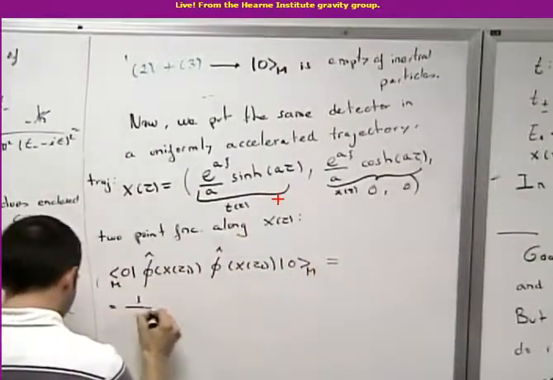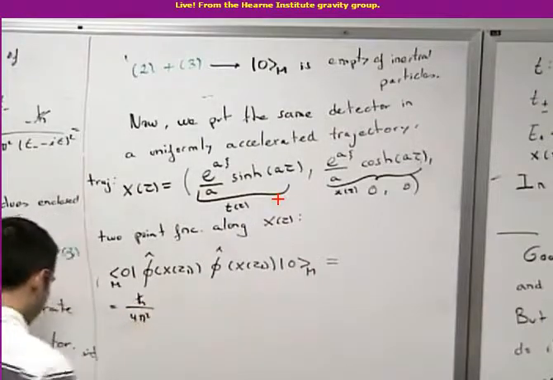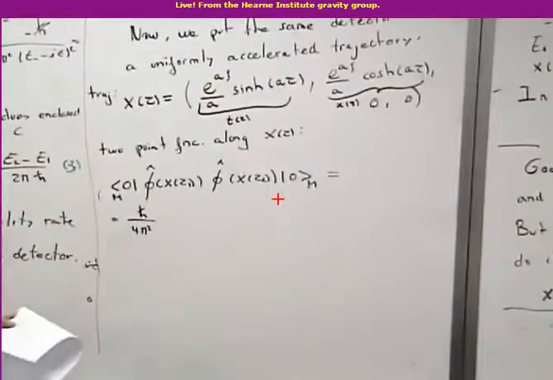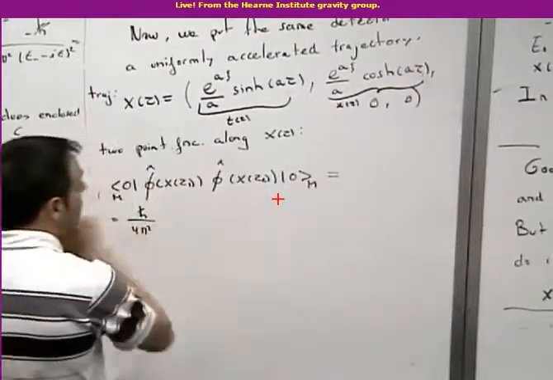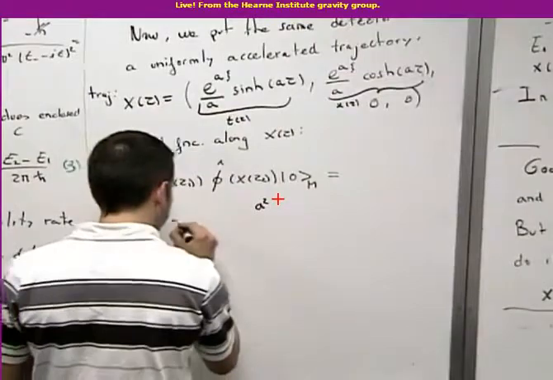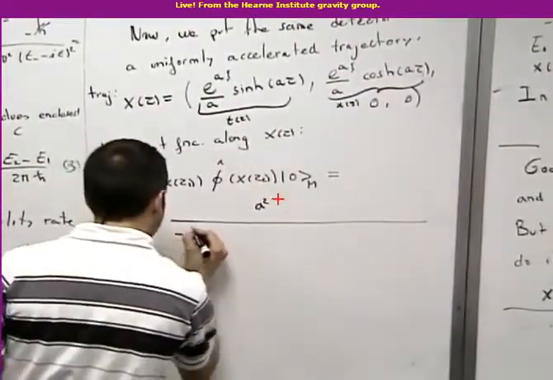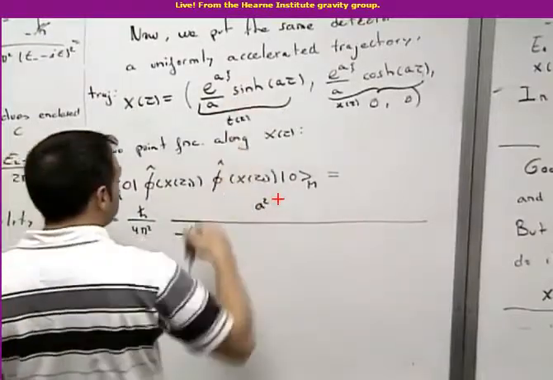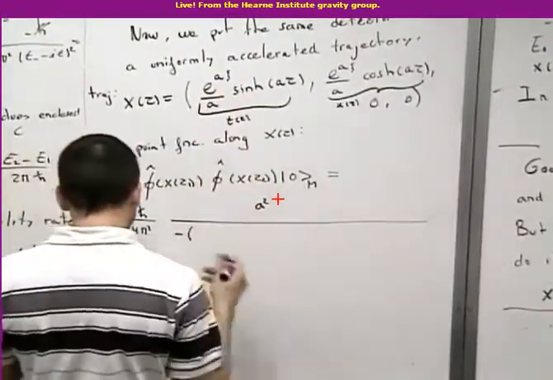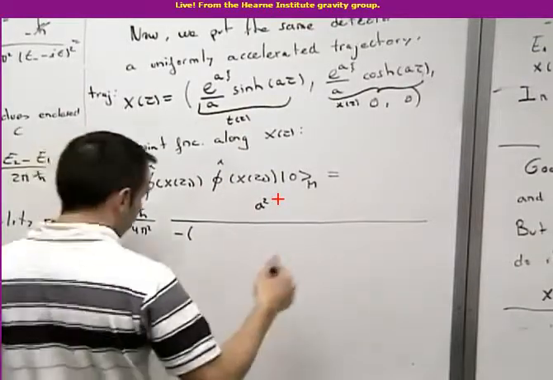So 1 over h bar 4 pi squared, and we have all these a's that go out as a squared in the denominator, and there we have t1 minus t2. I already put a in the denominator, sorry.